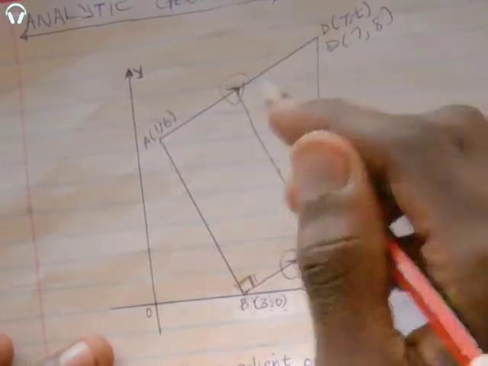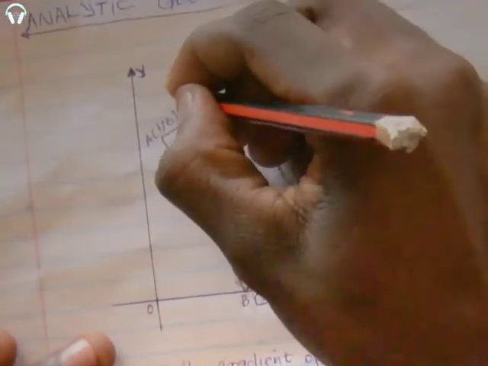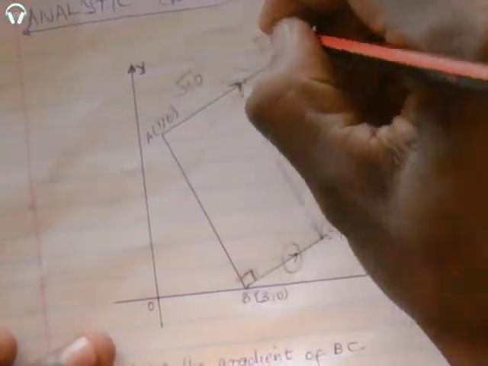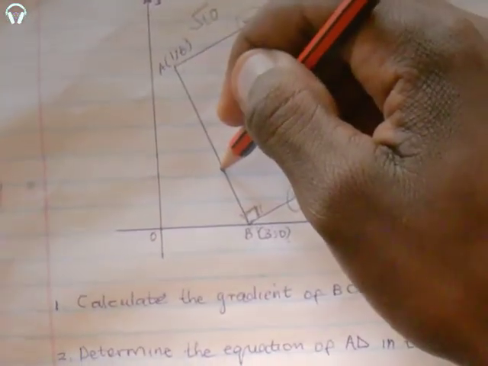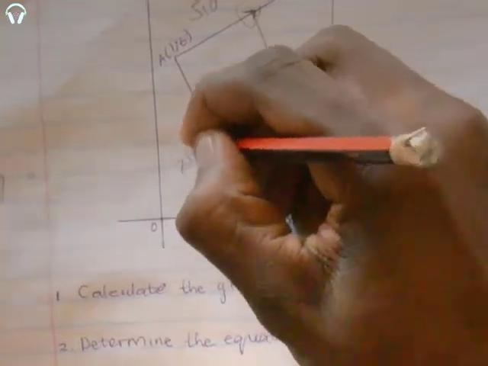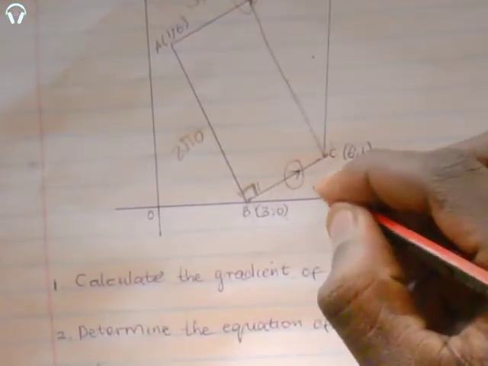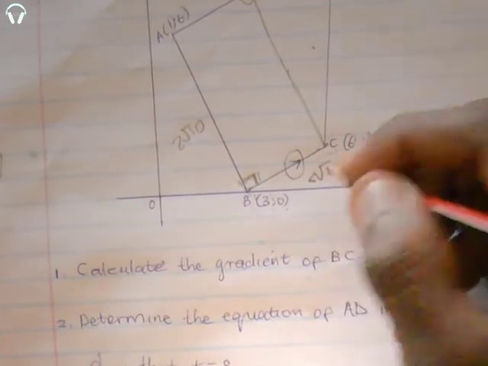So if the distance of AD is 2 times the root of 10, and this is the midpoint, it means this distance is the root of 10 and this distance is the root of 10. AB is 2 times the root of 10 and BC is the root of 10.